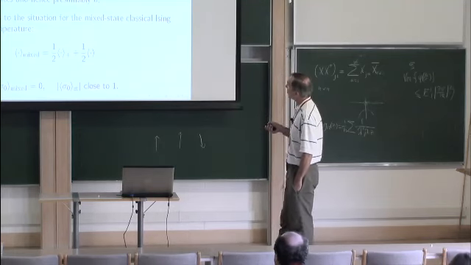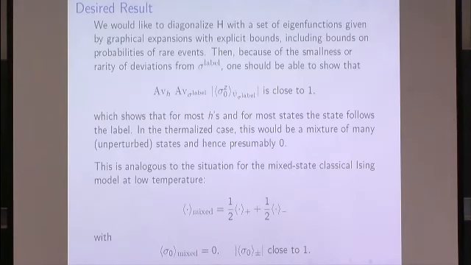Okay, so once you've obtained that, then you have, either because of the smallness or the rarity of the deviations from this label spin configuration, we want to show that after averaging over the labels and averaging over the randomness, the expectation of, say, the spin at the origin in a given eigenfunction has absolute value close to 1.